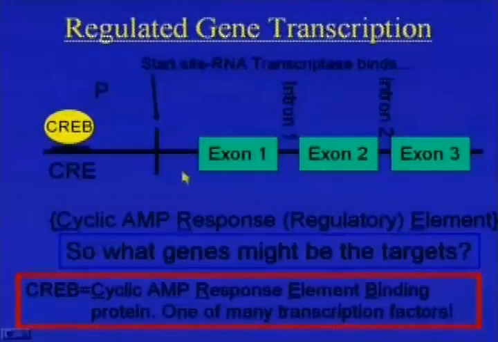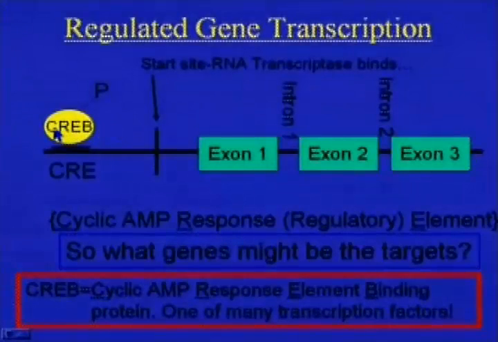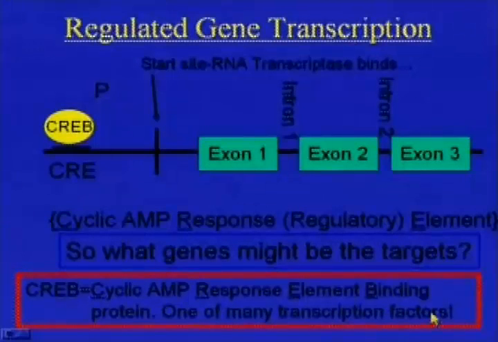So one of the proteins that is phosphorylated by the protein kinase A is cyclic AMP response element binding protein, as shown down here. Cyclic AMP response element binding protein. It is one of many transcription factors that exist and that we'll be discussing.